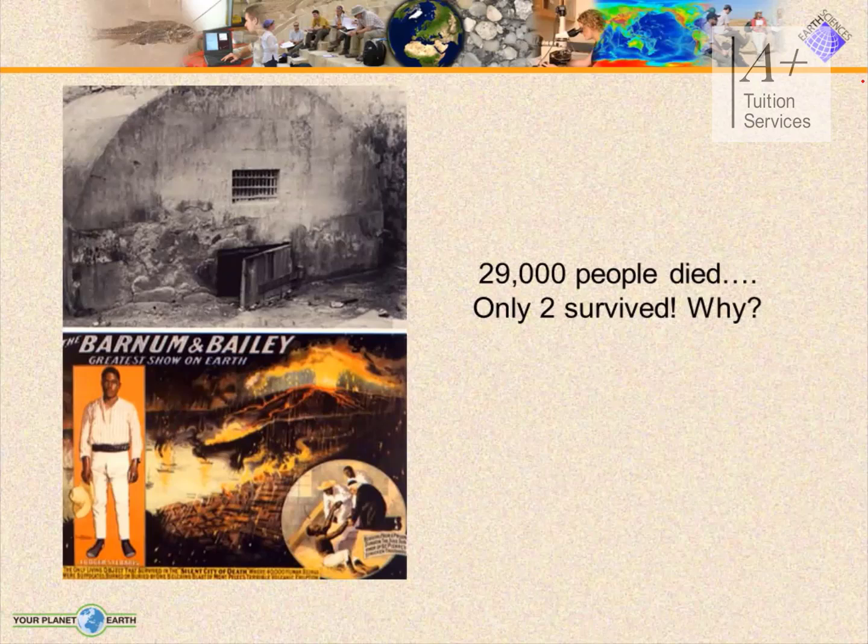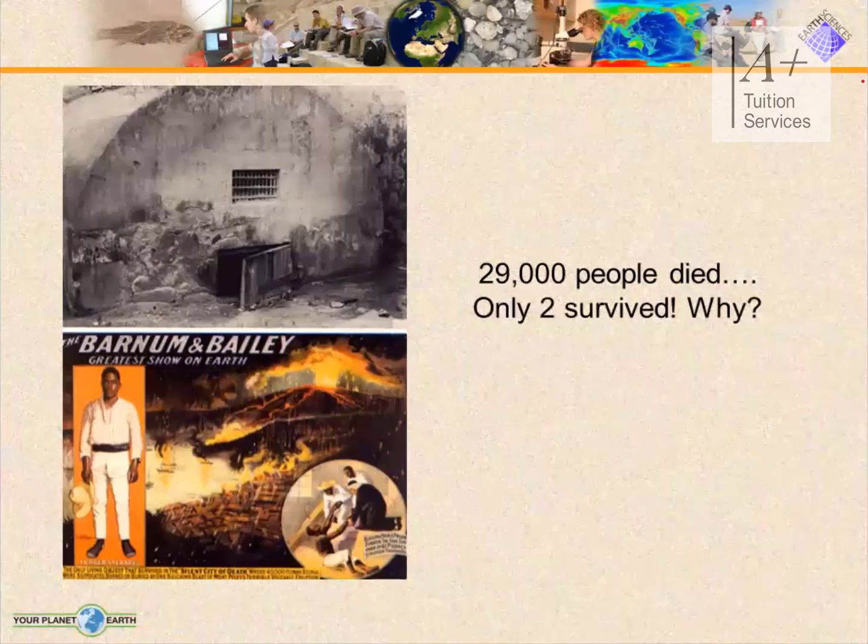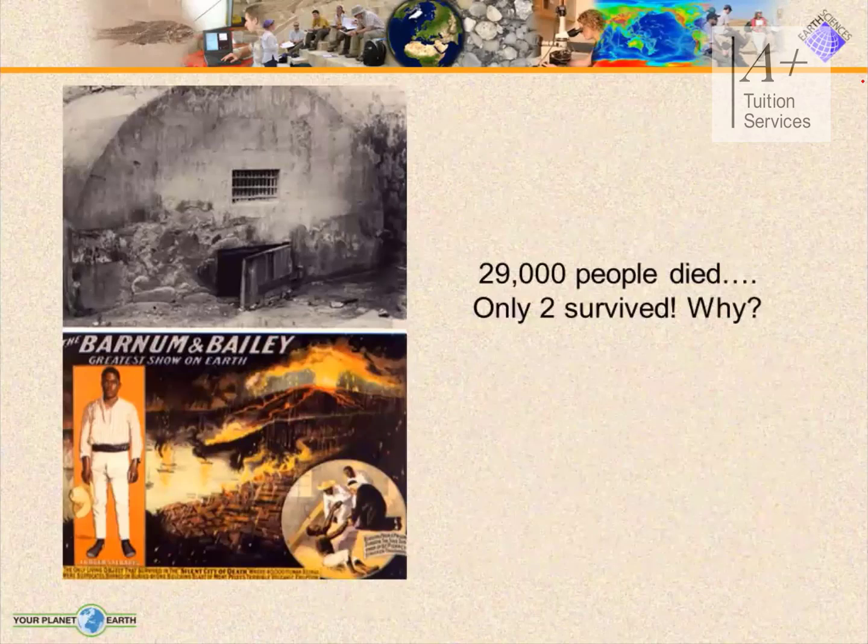Because when people saw the eruption taking place, right, they basically went into hiding. There's Barnum and Bailey, the greatest show on earth, they call them. These were a group of people with basically 2 people who hid in a tunnel cellar. They were left underground for a couple days, but eventually they made their way out. It wasn't that covered.